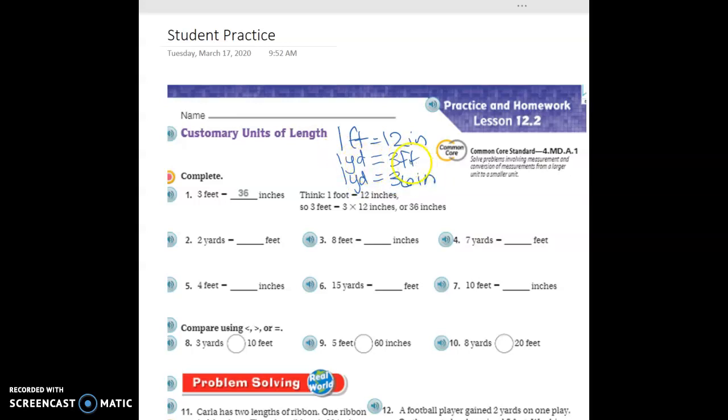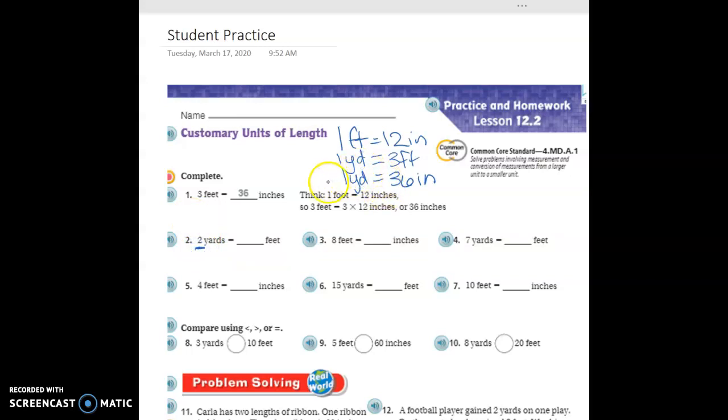So 1 yard could be 3 feet, and 1 yard can be 36 inches. Because if you think about it, if it's 3 feet, that means that there's 3 1-foot pieces, which is 3 12-inch pieces.